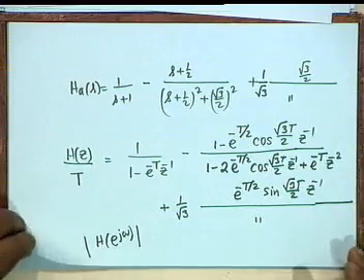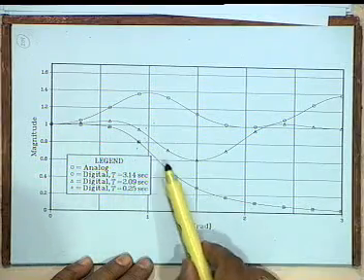Now look at the frequency responses that I plotted. For this filter, you should read this carefully. This is the analog filter. This is the third order Butterworth analog filter.